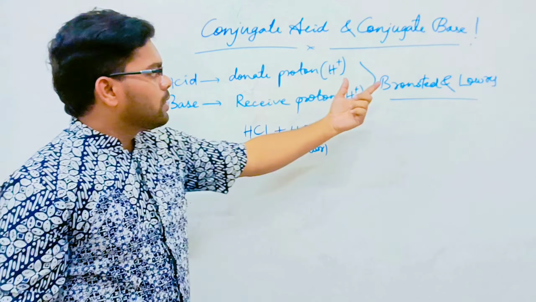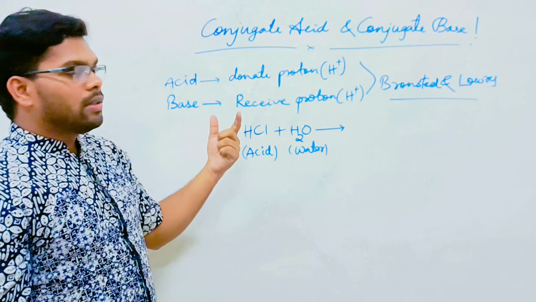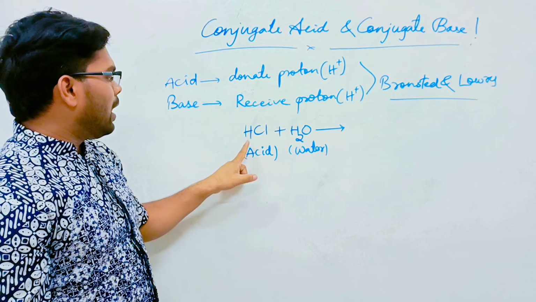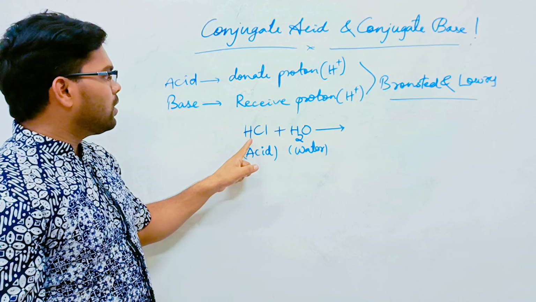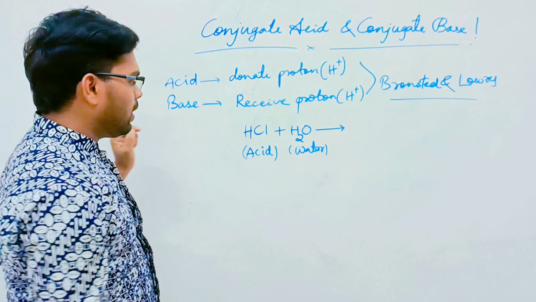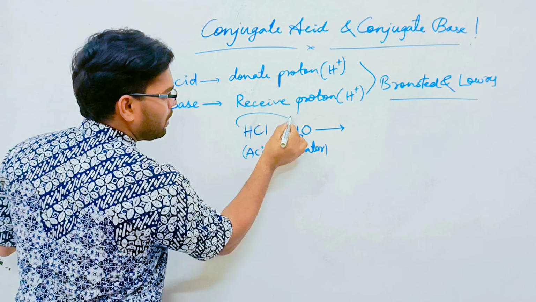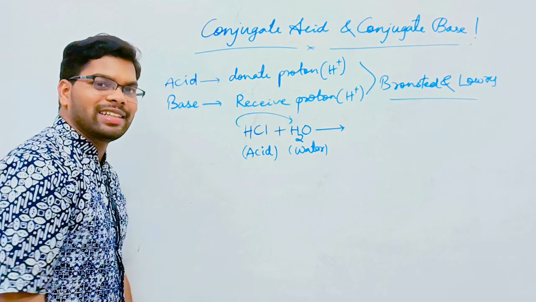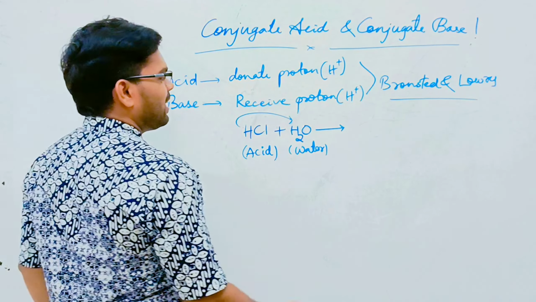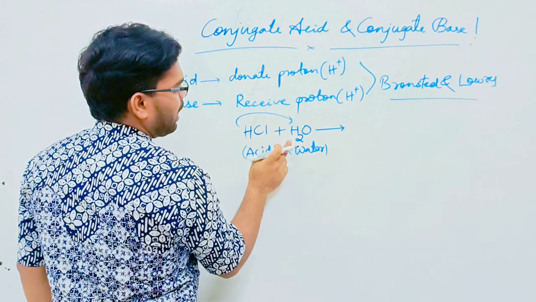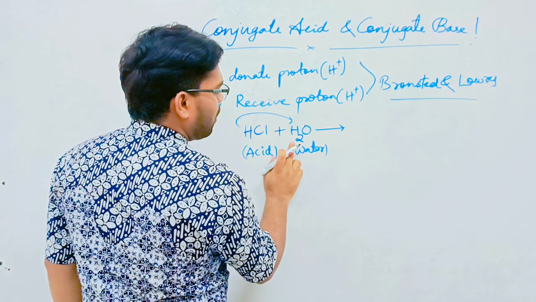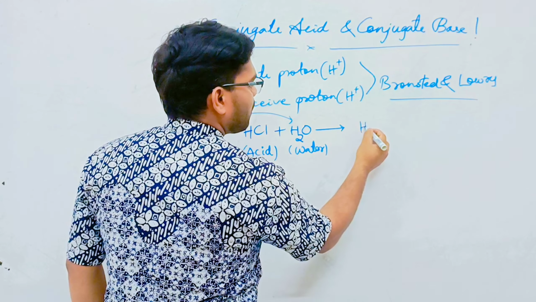Now according to Bronsted and Lowry theory, acid is a substance which donates a hydrogen ion. That means this hydrogen has to be given to water. Yes or no?